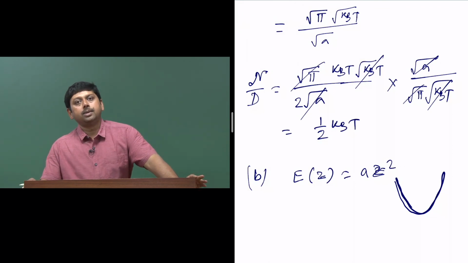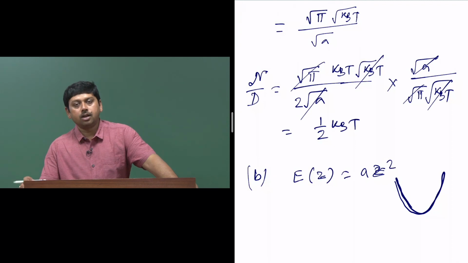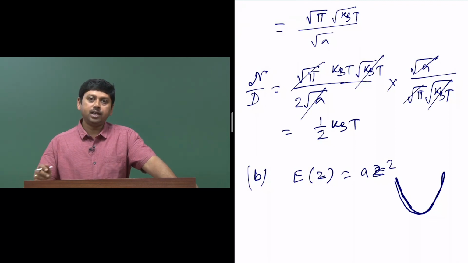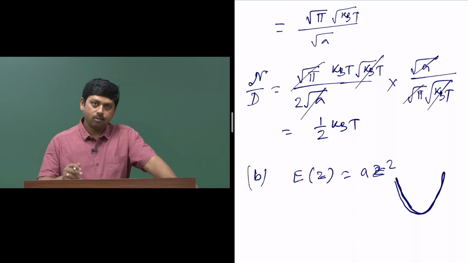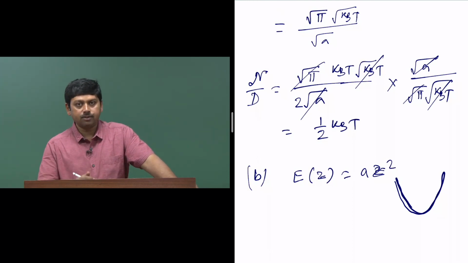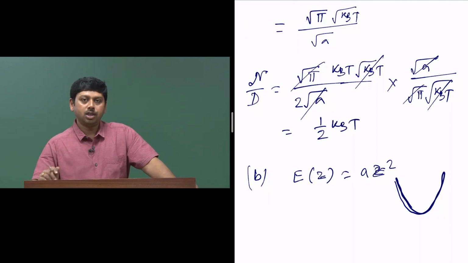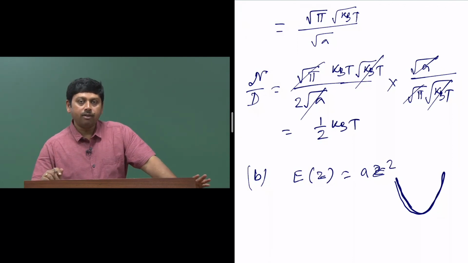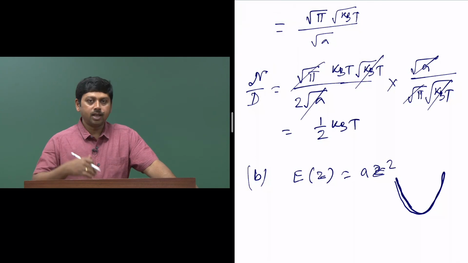So the equipartition theorem says that every quadratic energy will contribute half kBT. So if there is a motion along x, y and z directions independently, it will contribute half kBT plus half kBT plus half kBT, giving rise to 3 by 2 kBT. Basically every degree of freedom will give rise to half kBT.